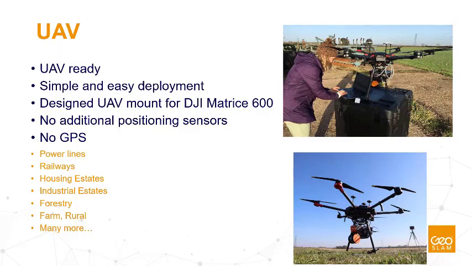So we developed a special mount for the DJI Matrice 600 drone. This mount can be adapted also for different types of drones. The only thing that you need to have in mind is that the weight of the Horizon, including the data logger and battery and the mount, is something like 3.8 kilos, so almost 4 kilos.